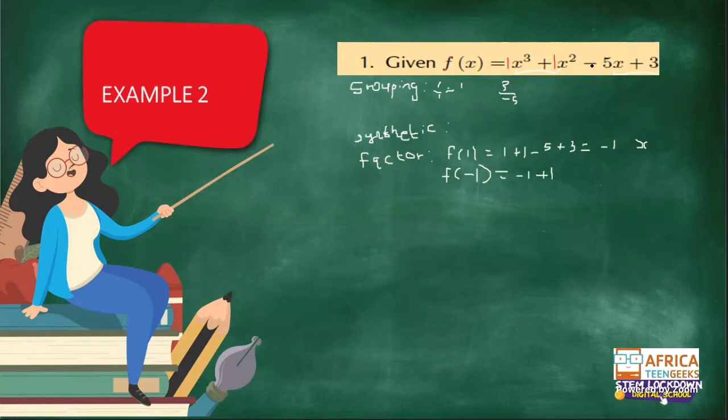And then negative times negative would be plus 5, okay?